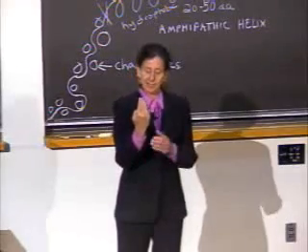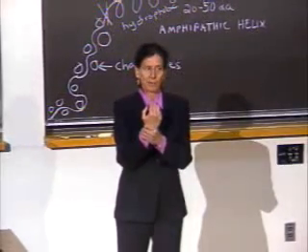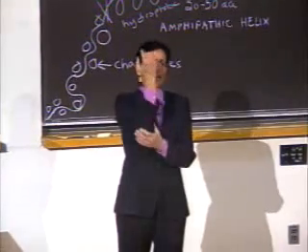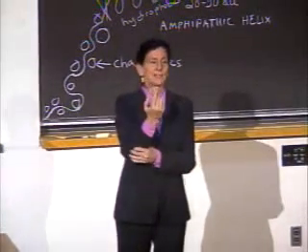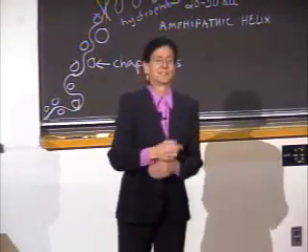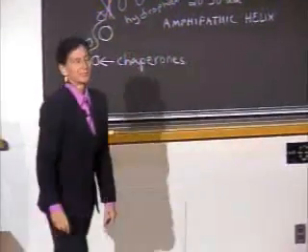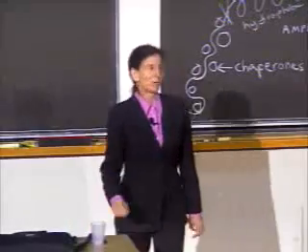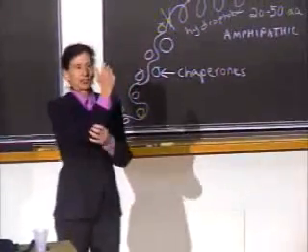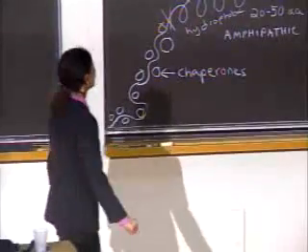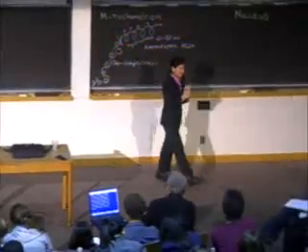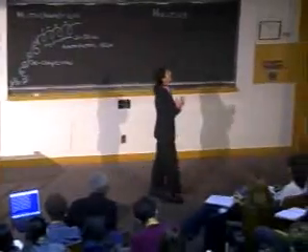But as it gets into the matrix, a chaperone will bind it. It will continue to go up, and a chaperone will bind it here. And so it prevents it from going back into the cytoplasm. So it sort of anchors it in, and then it folds properly once it's completely inside. And that requires energy, ATP. Sort of like a ratchet. Okay, so that's how proteins get into the mitochondria.